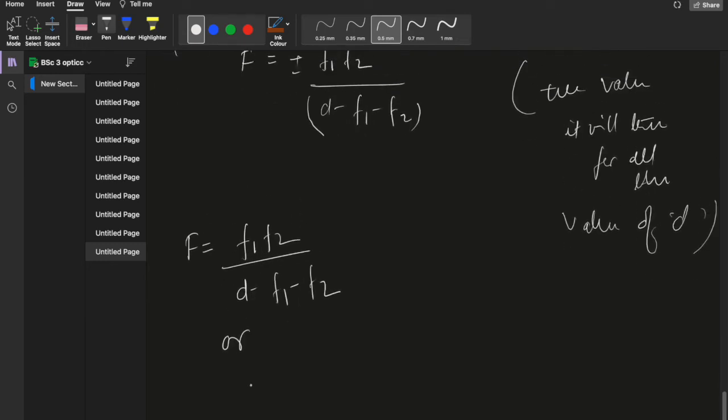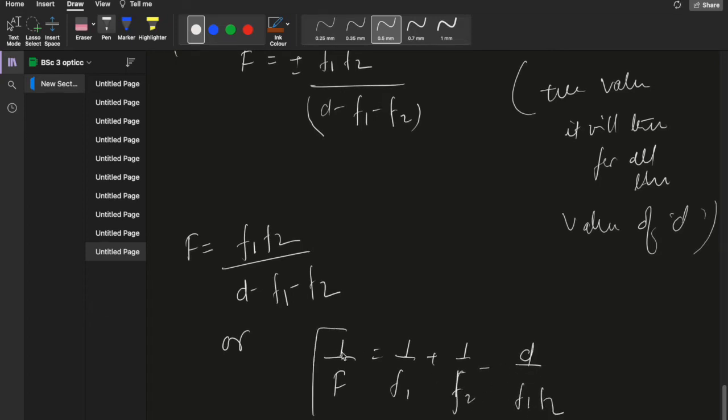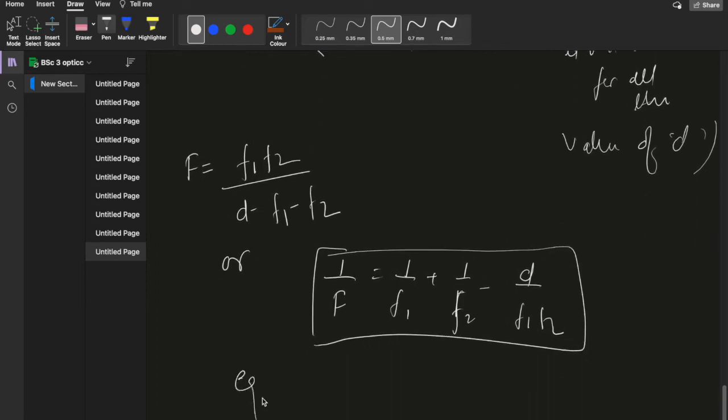Or capital F becomes 1 upon F1 plus 1 upon F2 minus D of F1 F2. We all are familiar with this formula, which is nothing but the equivalent focal length.